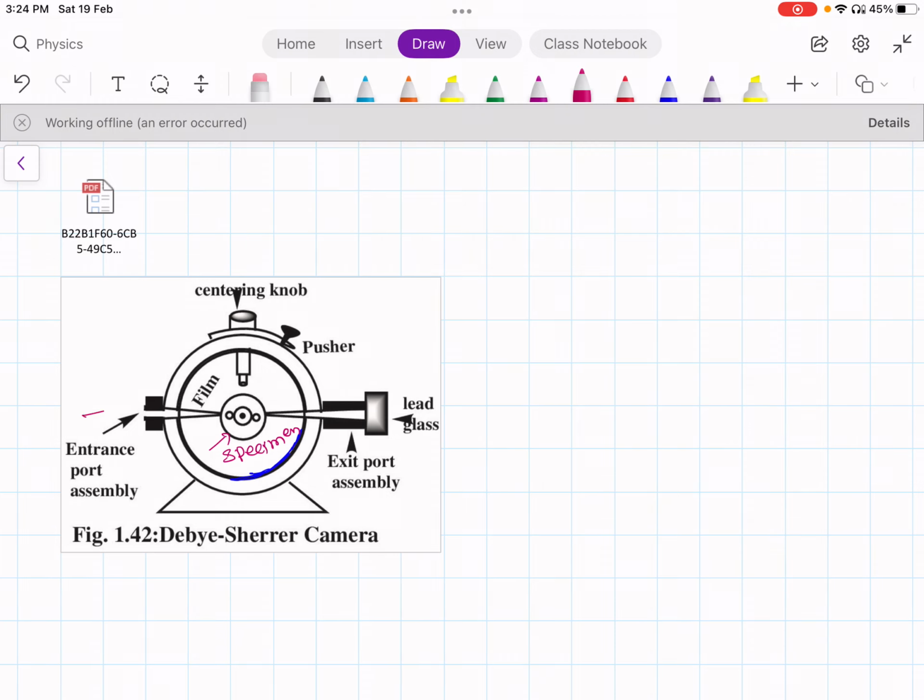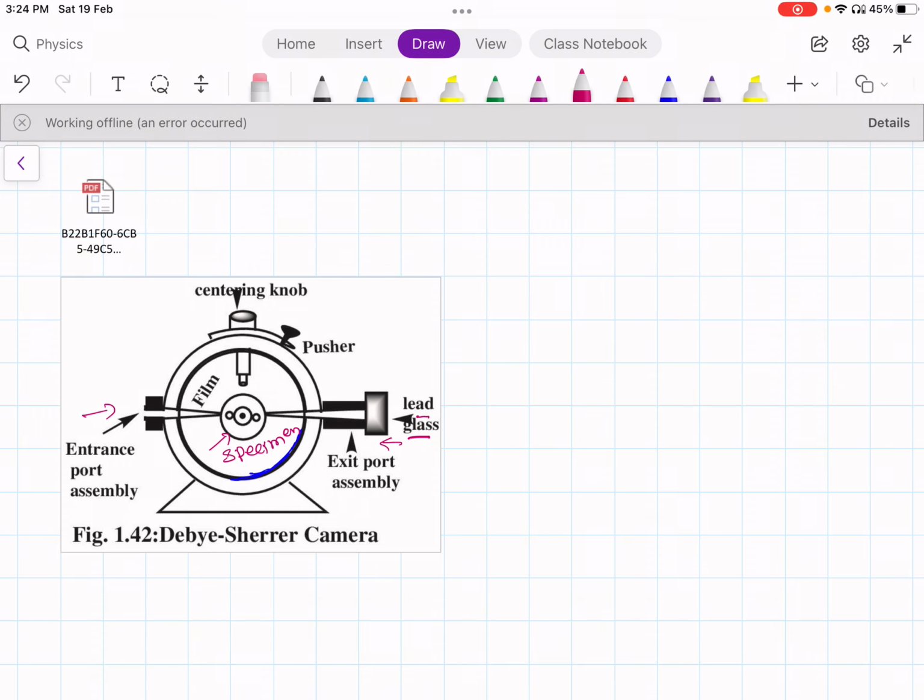Then there is an entry port here and an exit port over here. Through the entry port, X-rays enter and they come out from the exit port, where they are blocked later using lead glass. In this case, the specimen should be exactly on the axis of the cylinder.